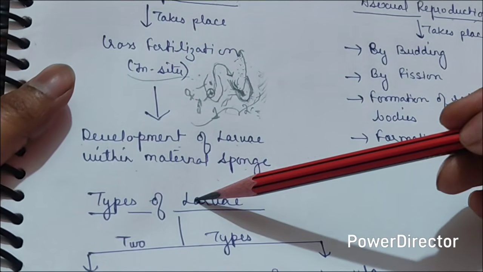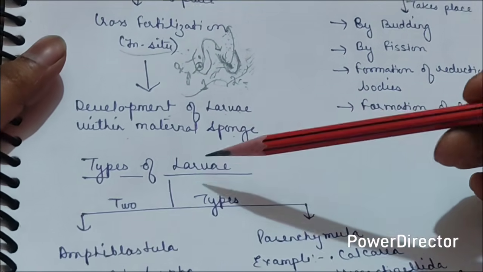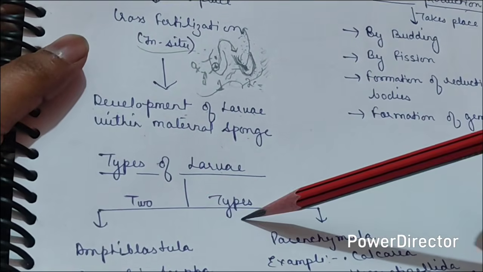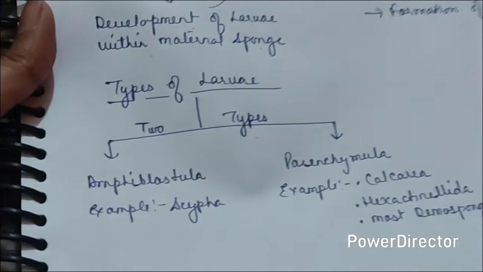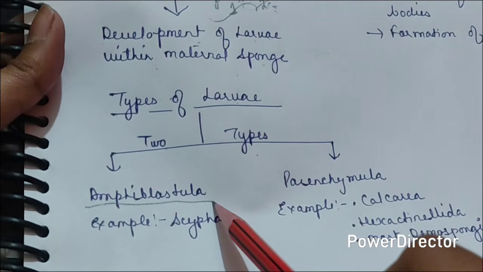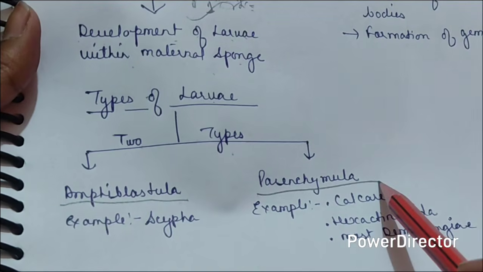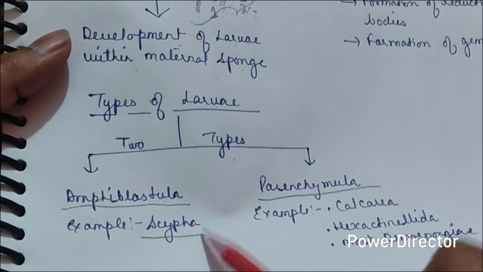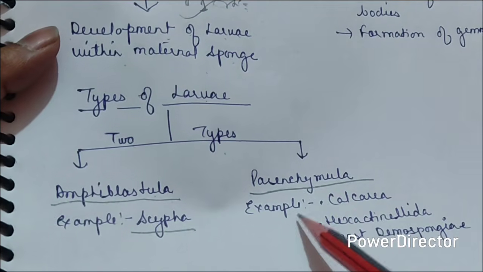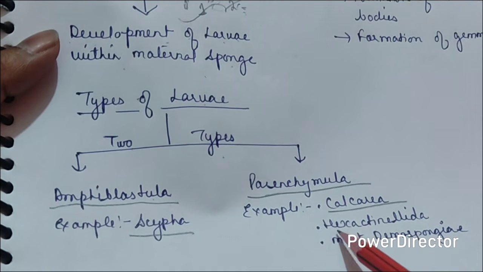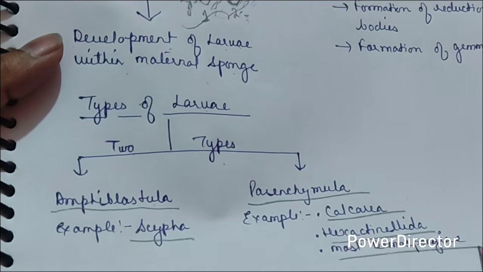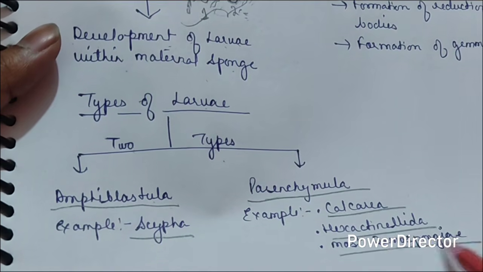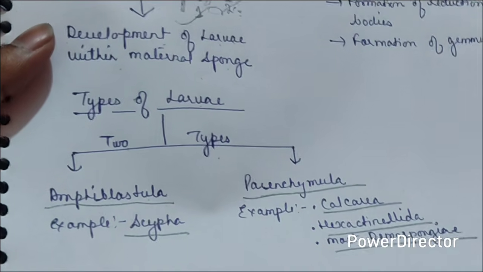And two types of larva could be seen, that is the amphiblastula and the parenchymula. The example of amphiblastula is the scypha, and in the parenchymula we can see examples as calcarea, hexactinellida and most demospongiae.